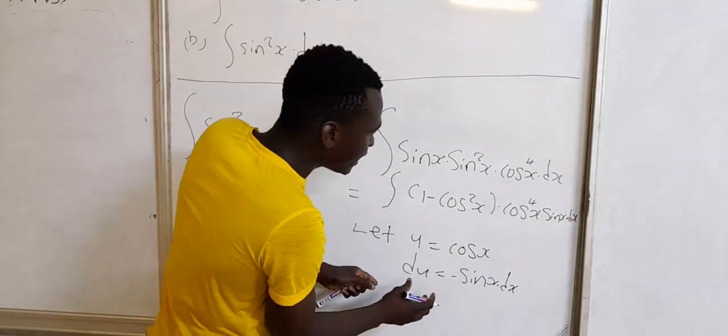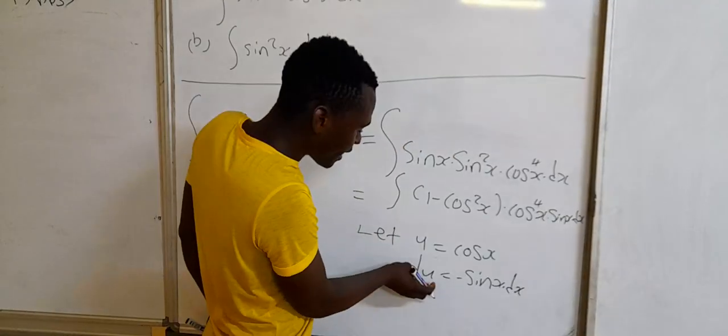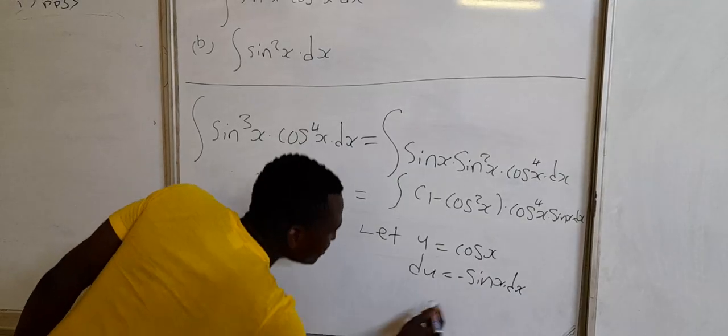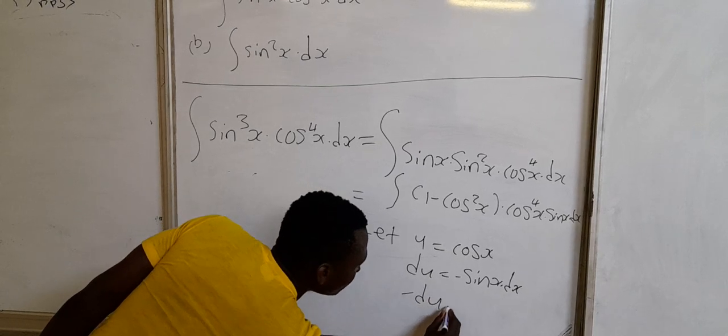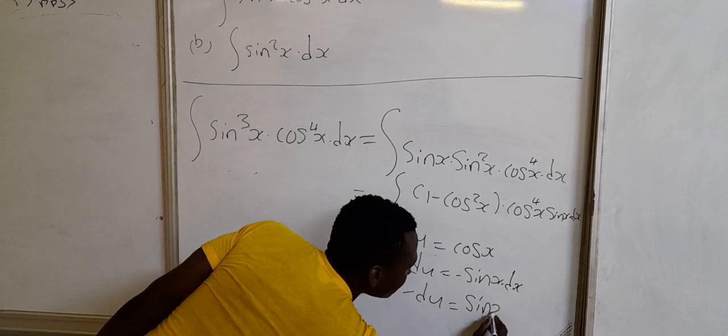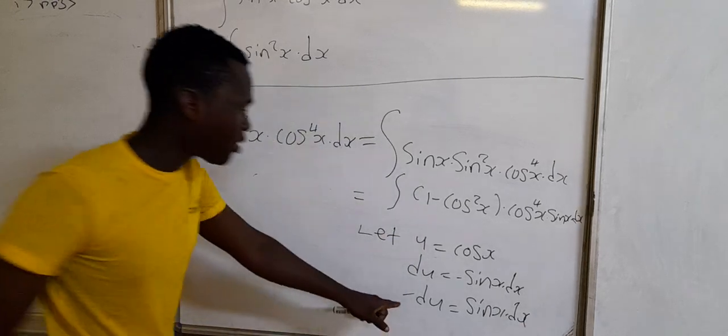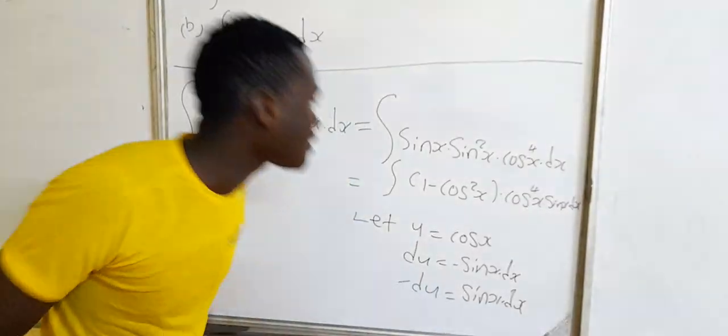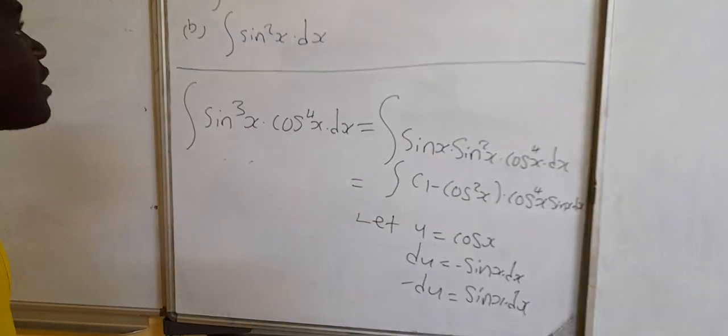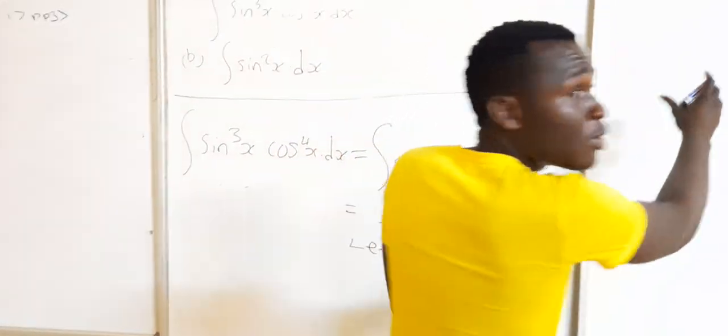You can see that in the place of sine x dx, we can put minus du. So when you divide by negative, negative du equals sine x dx. So we are going to substitute everything there. So let's move to this board.